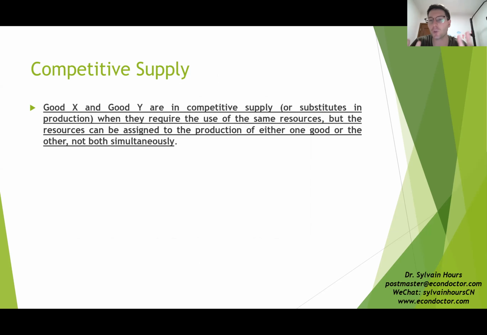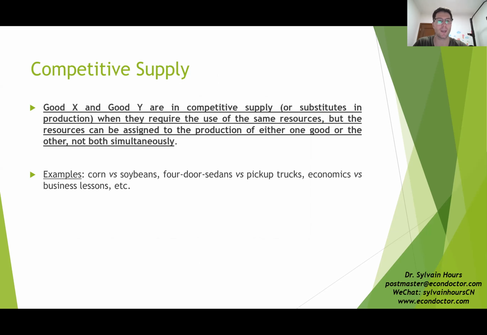So these are two goods that require the use of the same resources, but these resources can be assigned to the production of one or the other, not both. So you have to choose, and that's why they are substitutes. Examples could be corn versus soybeans. If you are a car company, you can produce different models of cars, four-door sedans or pickup trucks.